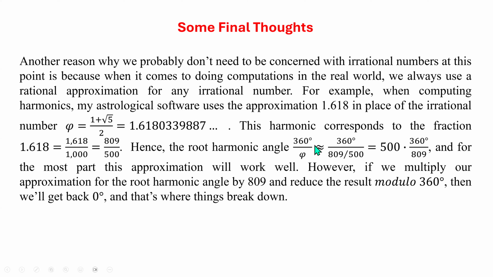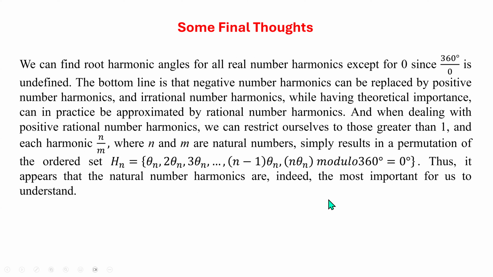Hence, the root harmonic angle is approximately equal to this expression, and for the most part, this approximation will work well. However, if we multiply our approximation for the root harmonic angle by 809 and reduce the result modulo 360 degrees, then we'll get back 0 degrees, which won't happen with an irrational number harmonic, and that's where things break down.